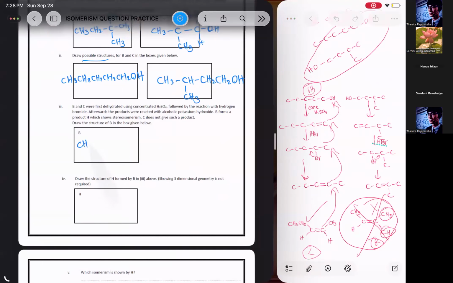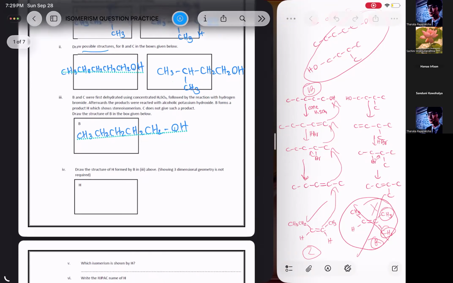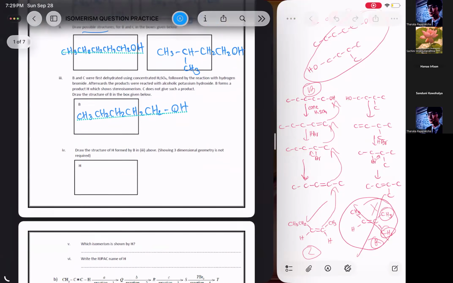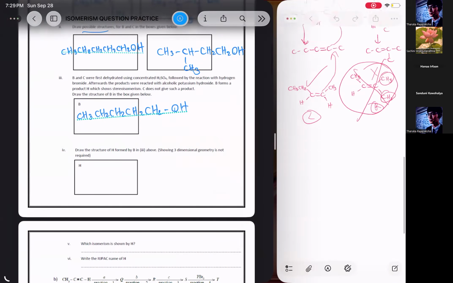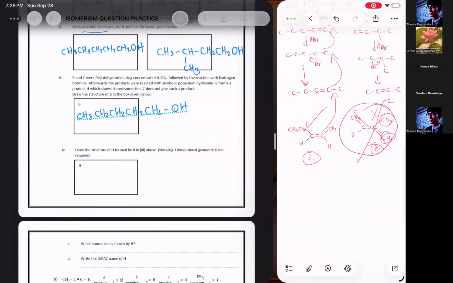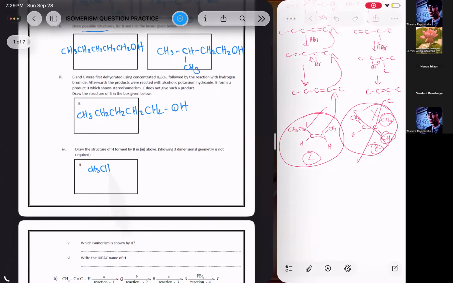CH3, CH2, CH2, CH2, 1, 2, 3, 4, 5. Right. Draw the structure of H formed by B in 3 above. Draw the structure of H. B gives this one, right? So let's draw that. CH3, CH2.